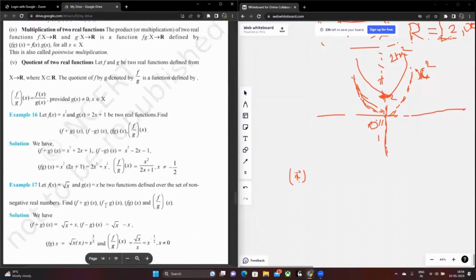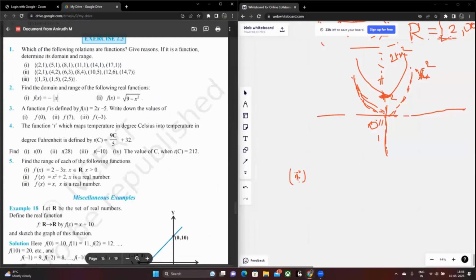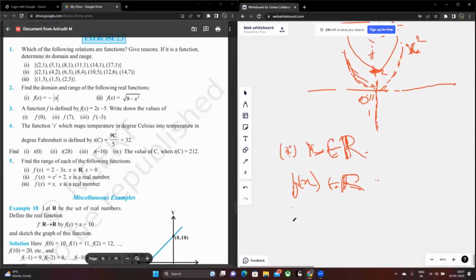So here you have that f of x is x, where x is a real number, means that x belongs to R, the real line, and f of x, since it is exactly equal to x, also belongs to the real line R. And it has every member on the real line R. So basically, the range is equal to the real line.